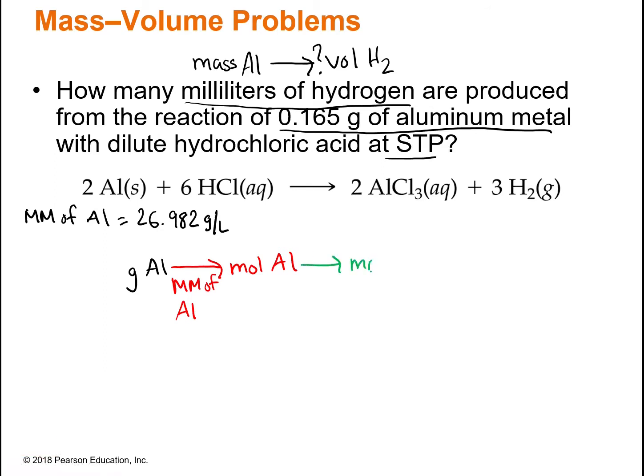Next, we have to figure out how many moles of hydrogen gas we make. We need a mole ratio for that. We'll go to the chemical equation, figure out how many moles of aluminum, how many moles of hydrogen gas, write a fraction, and then we'll figure out which one of those fractions we need to use.